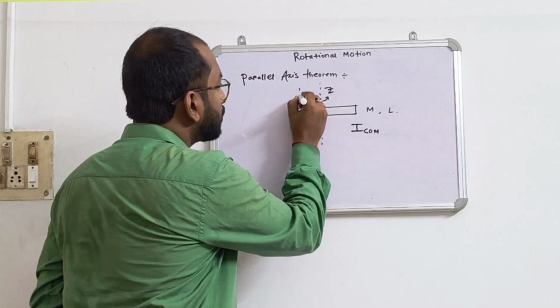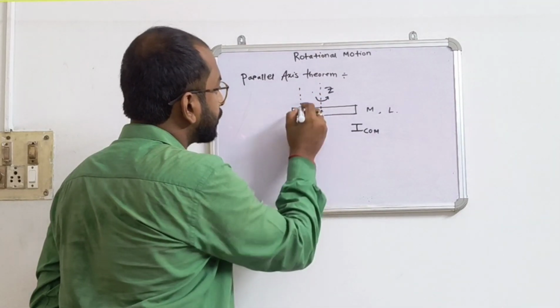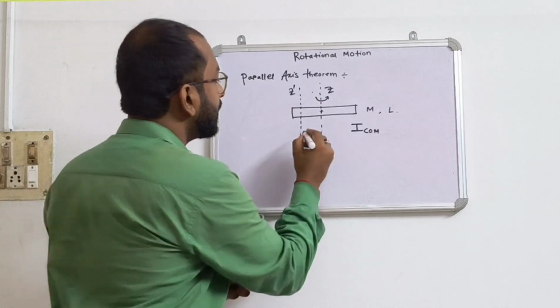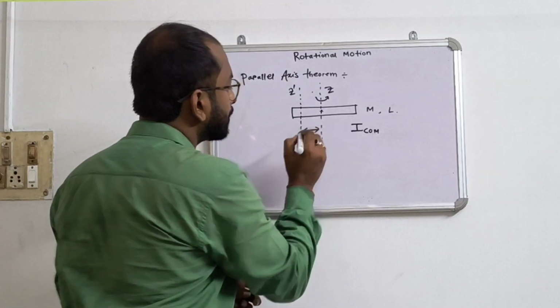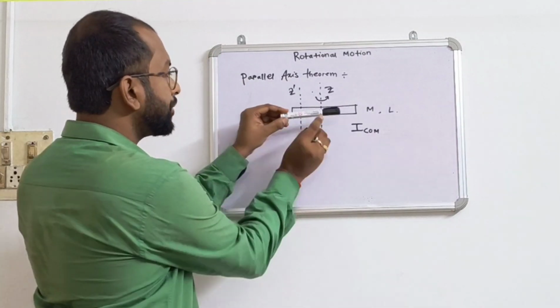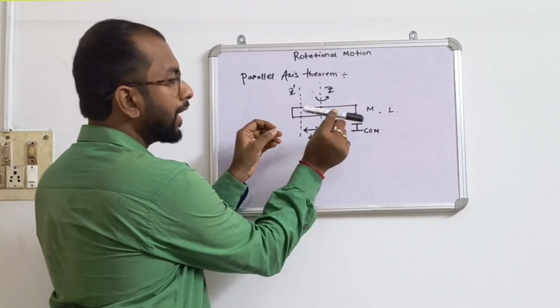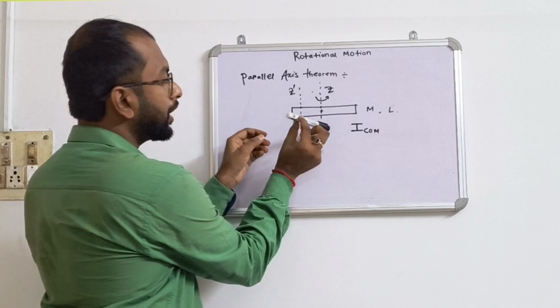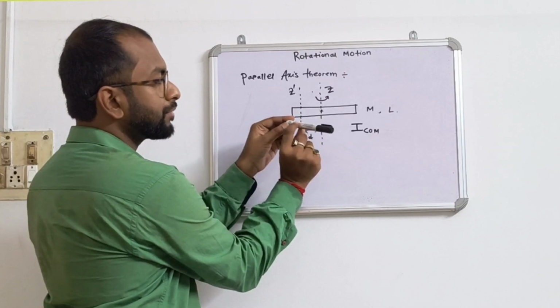Suppose the axis of rotation is shifted by d distance from the center of mass. Initially it was rotating like this, and right now the axis is shifted from the middle point to here. So right now we are interested in the rotational property with respect to this point.